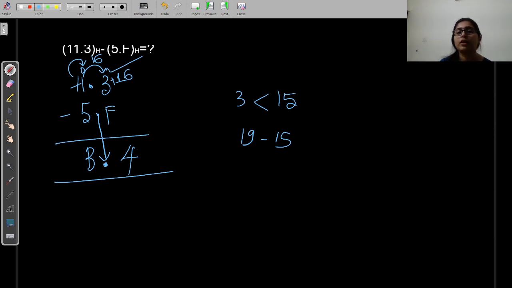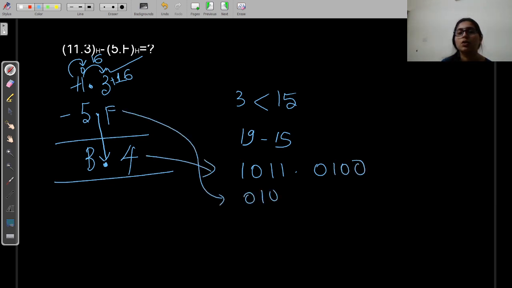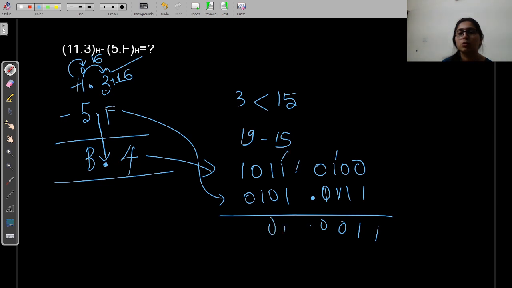So now to verify that, what I will do, I will take 1011.0100, this one. I will add it with 1111.1111. This is 1100100001.